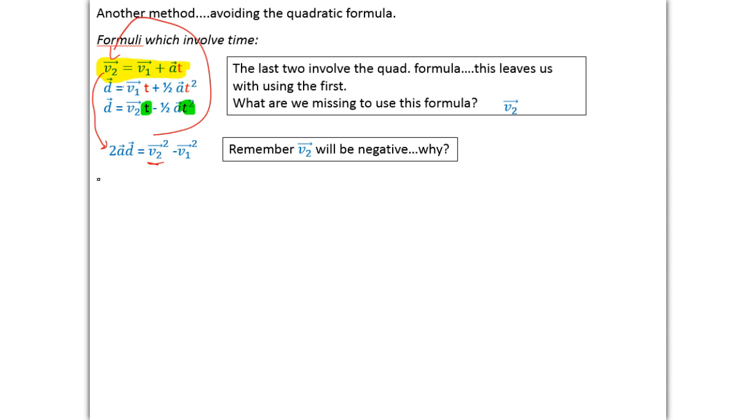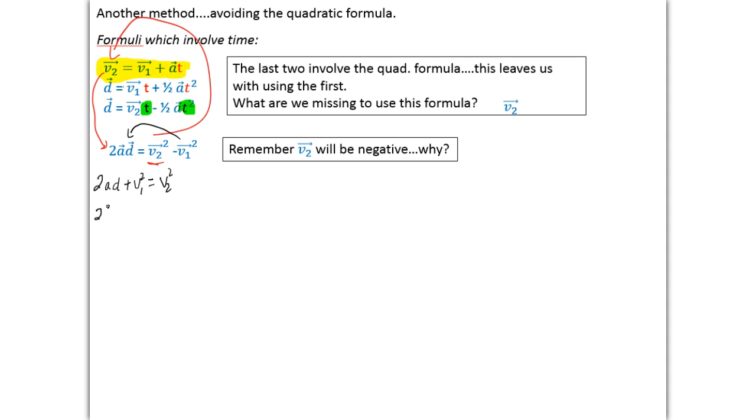So if we start now, let's solve this for V2. We're going to bring the V1 over. So you have 2 times AD. It's negative V1, so remember it becomes positive, and it is squared. And V2 squared. Common errors: people would forget that this is squared, and the sign on that.